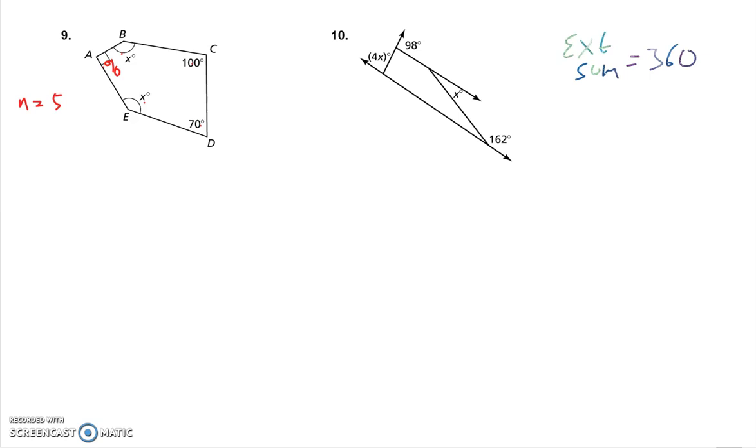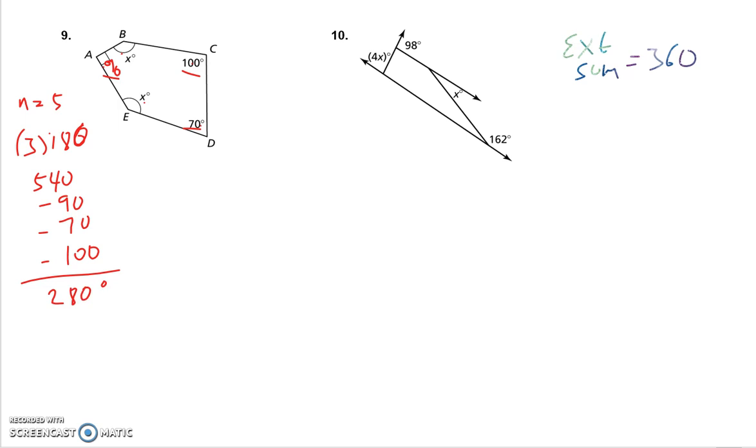So 5 minus 2 is 3 times 180, which is 540 degrees for this whole shape here. What I'll do is 540 minus 100 minus 90 minus 70. So this is 280 degrees.